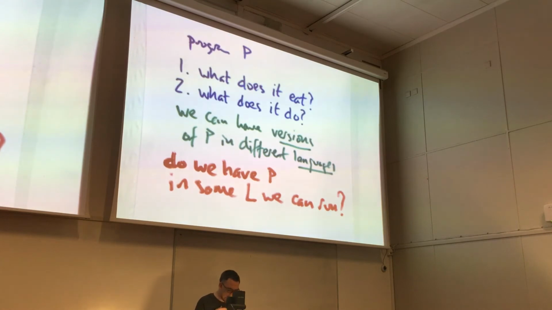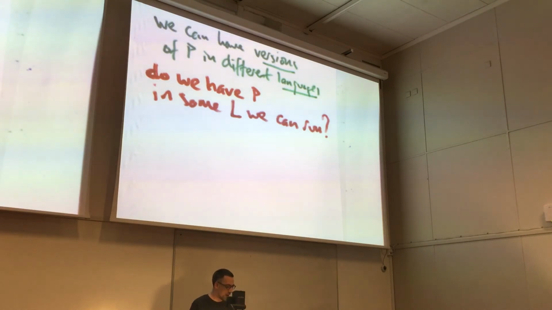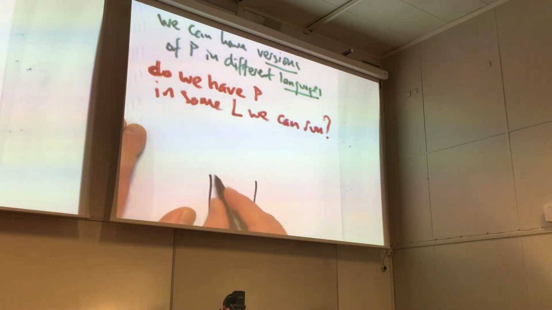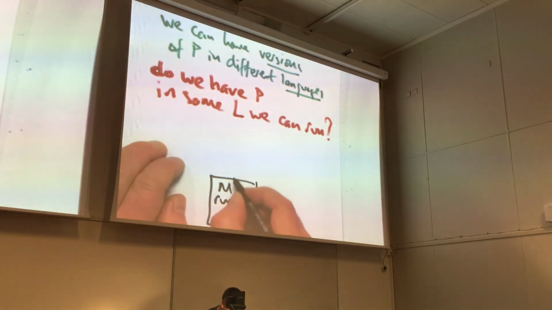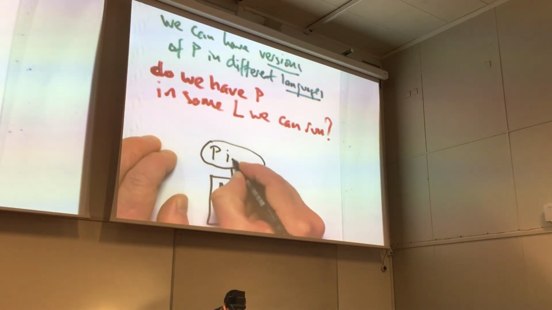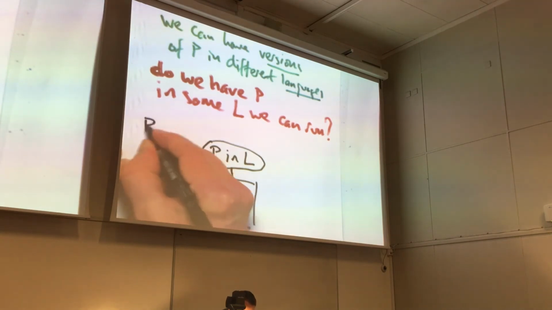So, we need to start thinking about how this stuff works. We're trying to run programs on machines. Suppose we've got a machine that will run some language L. Can we run program P? Well, we can if we have a version of P in L. Then it will run on the machine. And then we can feed in P's input.